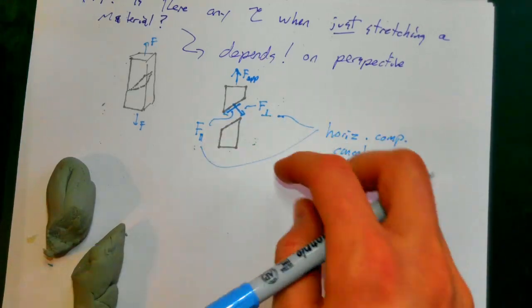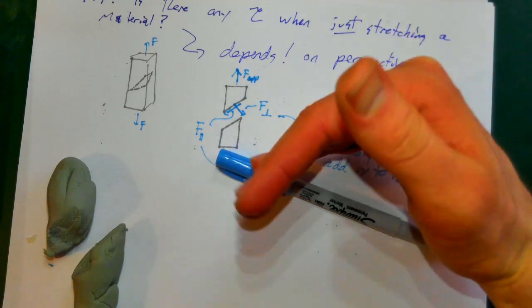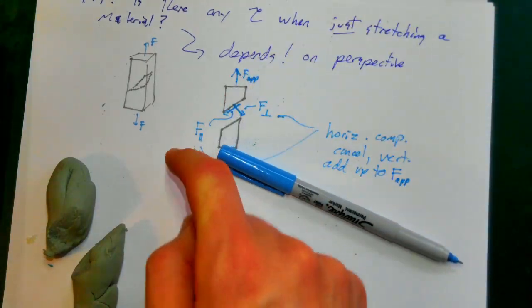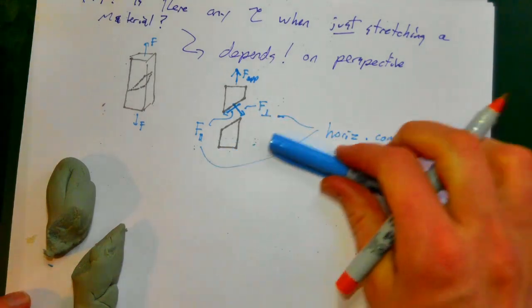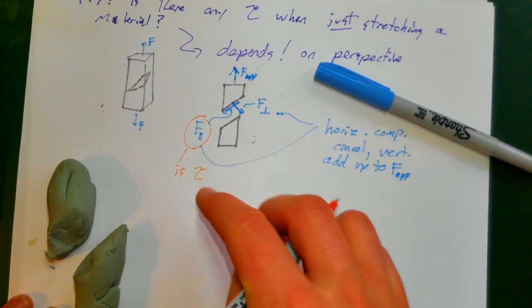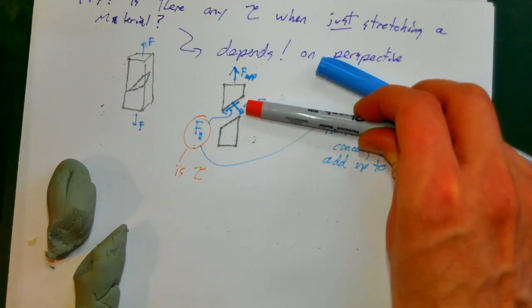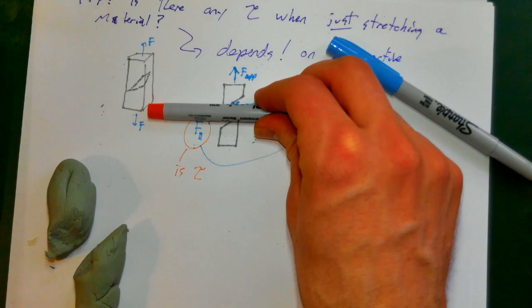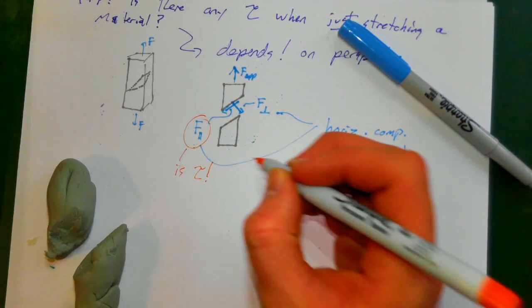So if I imagined not a slice perpendicular here, but rather a diagonal slice through my material, there actually is some shear stress, not on a horizontal slice through the material, but on a diagonal slice. That basically means there actually is tau.